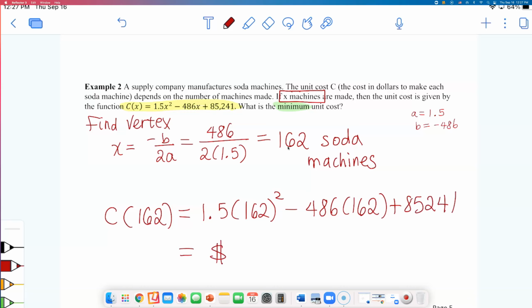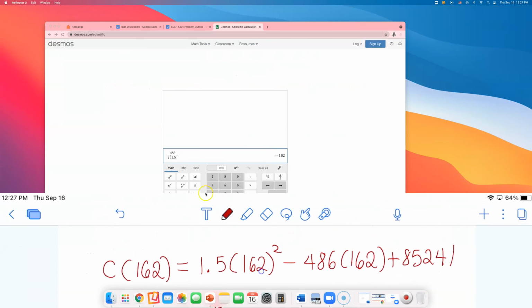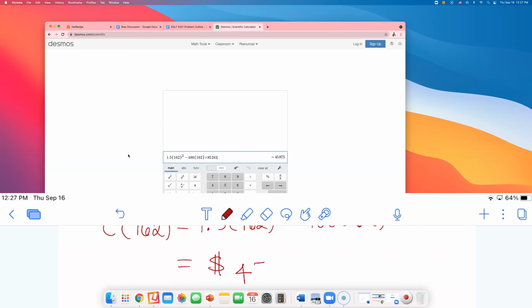All right, so what will be the unit cost for this company if they make 162 soda machines? I don't know, let's find out. Look, the minimized cost is, let me write this down, $45,875. That will be the minimum cost, okay?